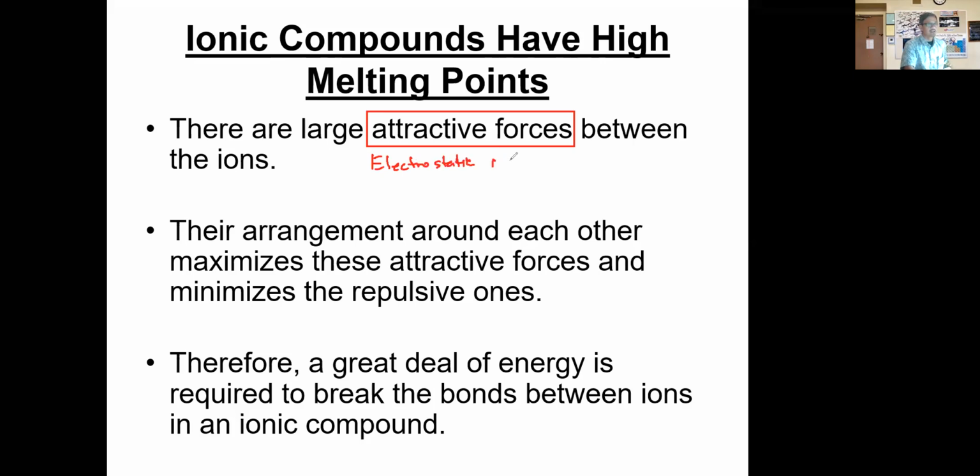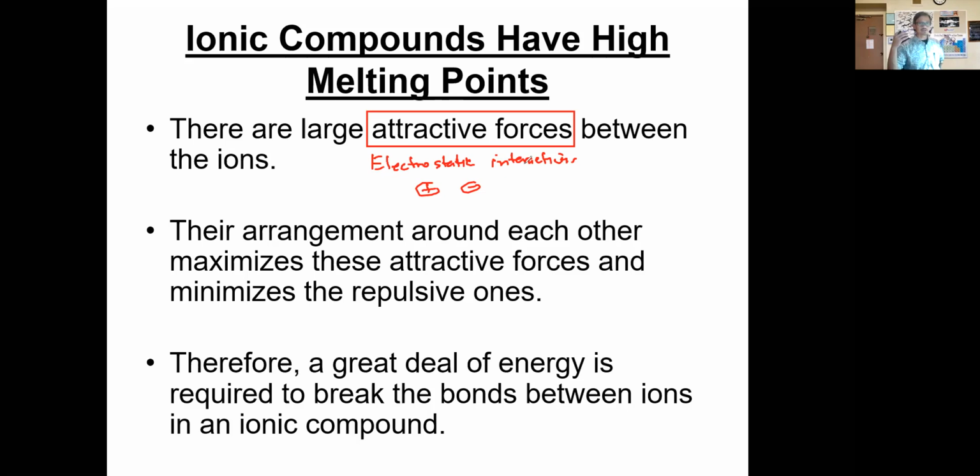These electrostatic interactions are basically just the positive attracted to the negative. That is what we refer to as the ionic bond. It is large, it is huge, it is a very strong attraction. Because of that, the strength of that attraction requires a lot of heat to break it apart.